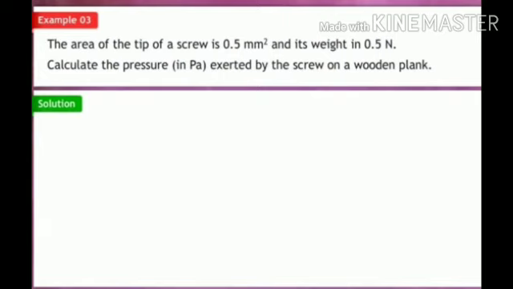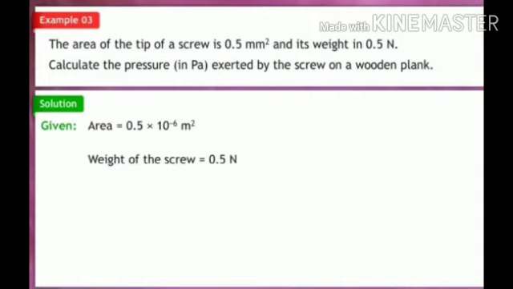Now example 3. The area of the tip of a screw is 0.5 millimeter square and its weight is 0.5 Newton. Calculate the pressure in Pascal exerted by the screw on a wooden plank. Since area is 0.5 millimeter square, convert it into meter square.